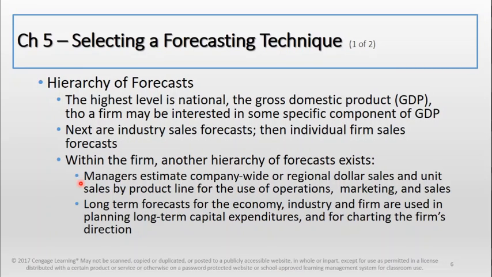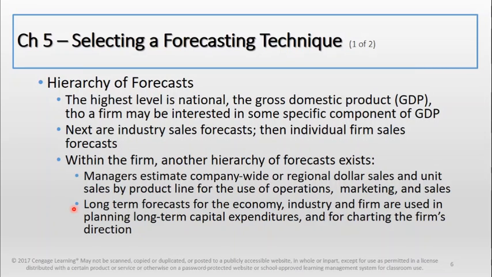These forecasts may be used by operations managers, marketing managers, or sales managers. Long-term forecasts for the economy, industry, and firm are also used in planning long-term capital expenditures and for charting the firm's general direction. So that is the hierarchy when it comes to the individual or within the firm itself.